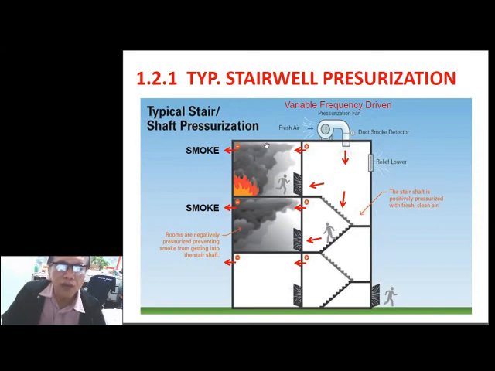Pagaganahin na niya yung FDAS, Fire Detection and Alarm System, Fire Alarm Controller, at si FACP, magbibigay ng signal sa starter ni itong air pressurization fan para umandar automatically at mag-i-inject siya ng fresh air dito. Kukuha lang siya sa labas ng building, sa ibabaw, at ipapasok niya rito. In other words, ipipressurize niya konti itong load nito.